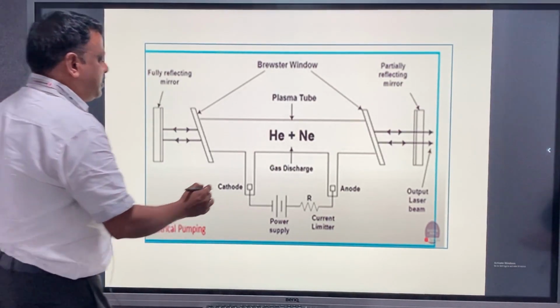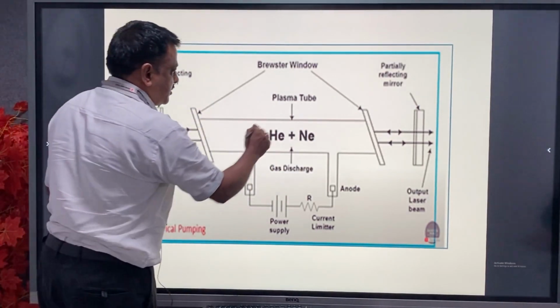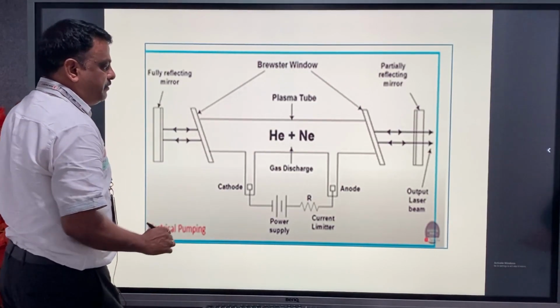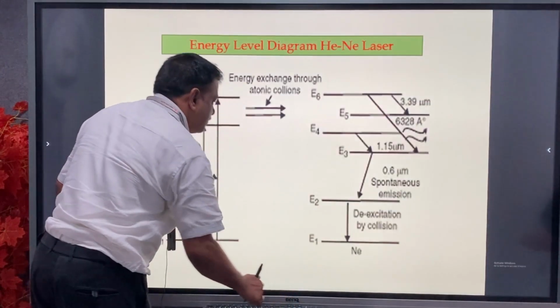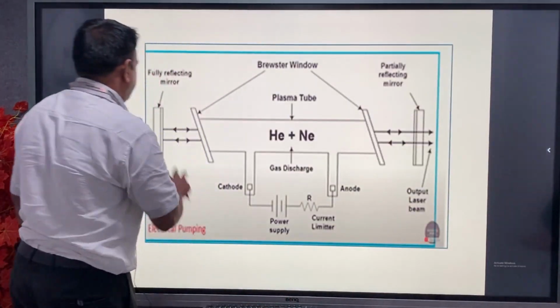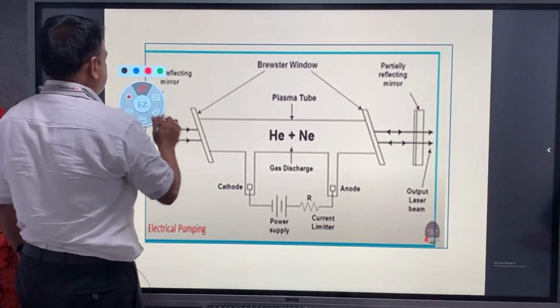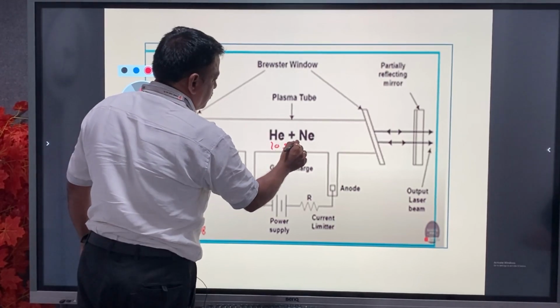Here in the helium-neon laser, helium and neon gas mixture is taken in a long discharge tube of 10 centimeters length. The gases are in the ratio of 10:1.